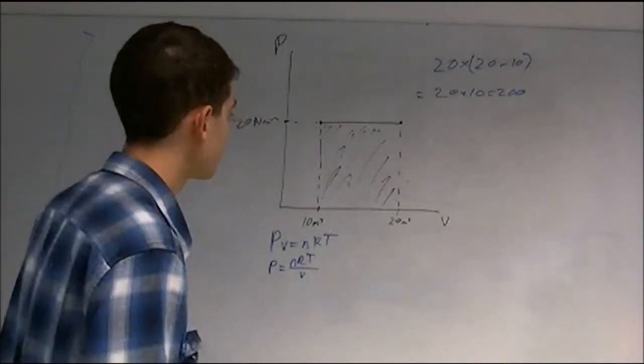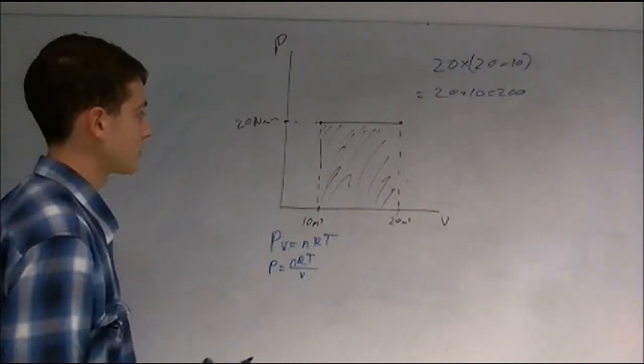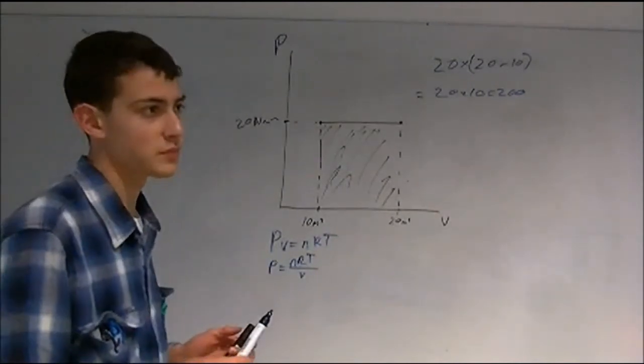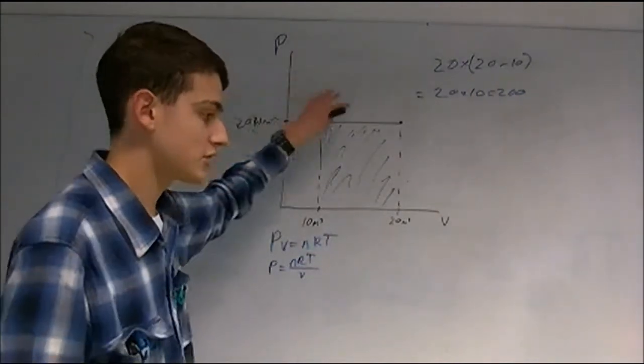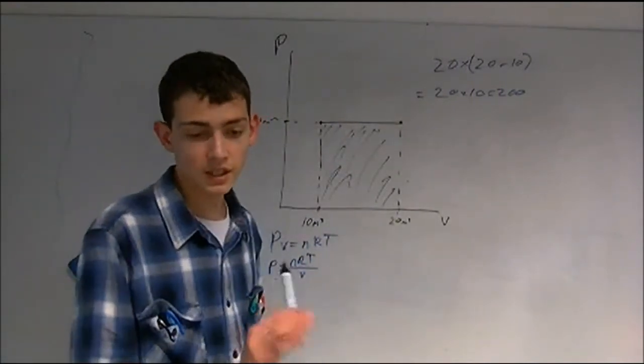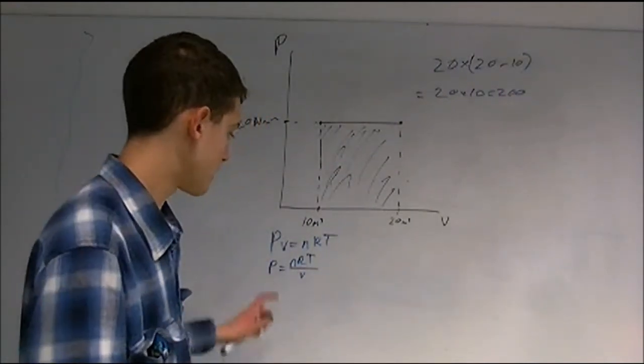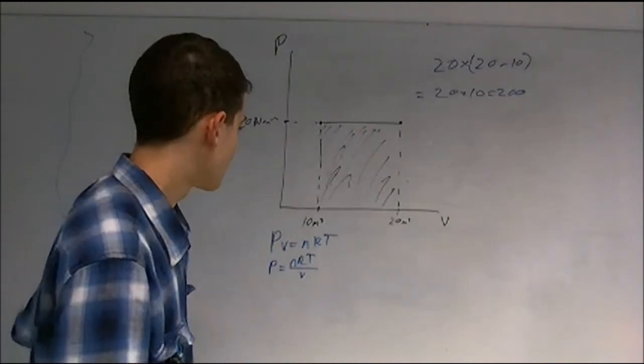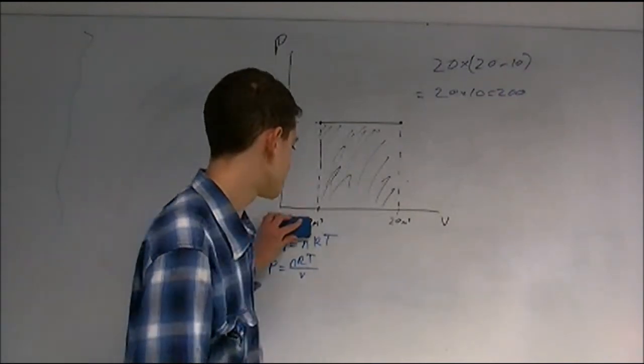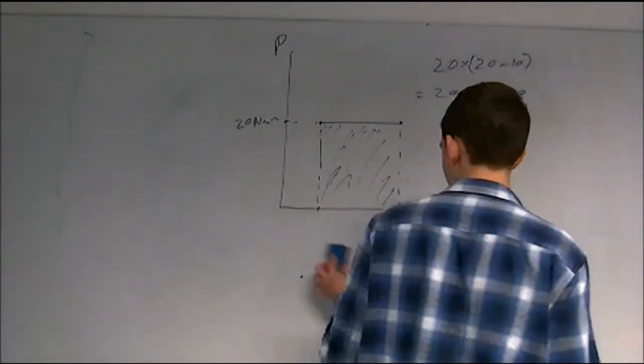Isobaric means that the pressure doesn't change. Iso meaning the same. A barometer is a measure of pressure.